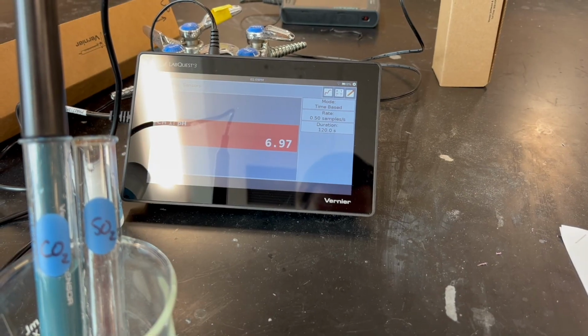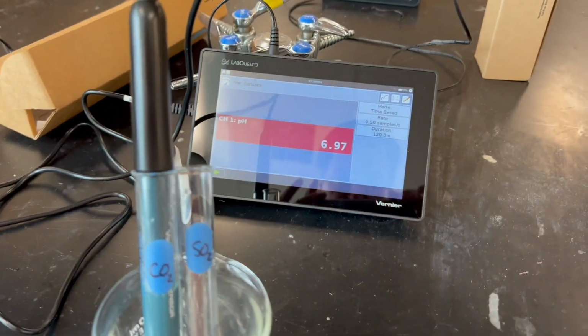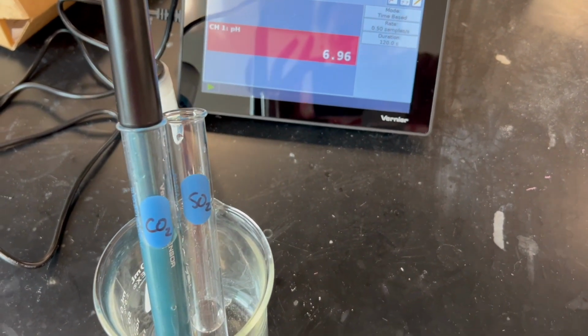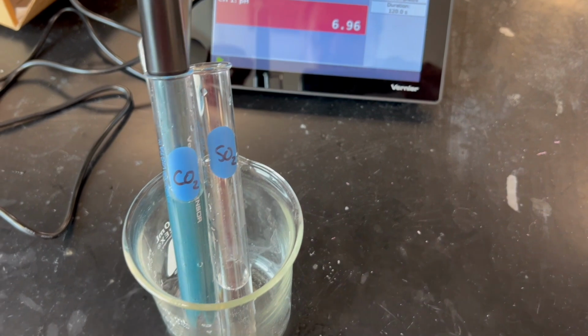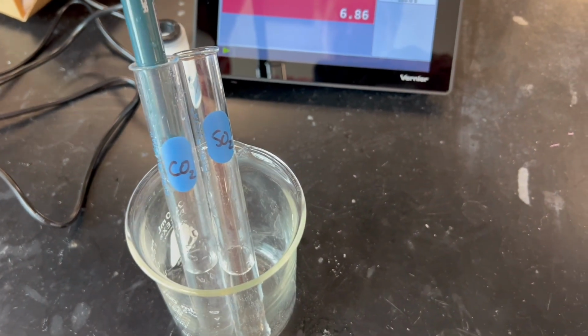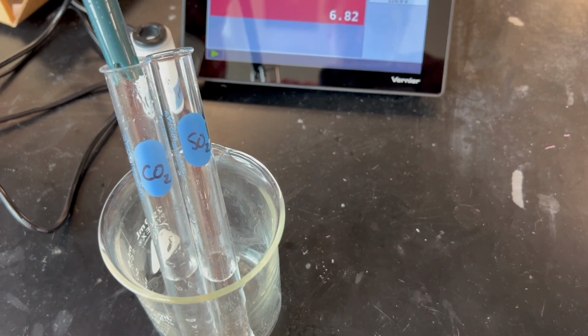So as we've done previously, we're going to measure the pH of the water. We're at 6.96. So this is the pH of the water before we put the carbon dioxide in the water.